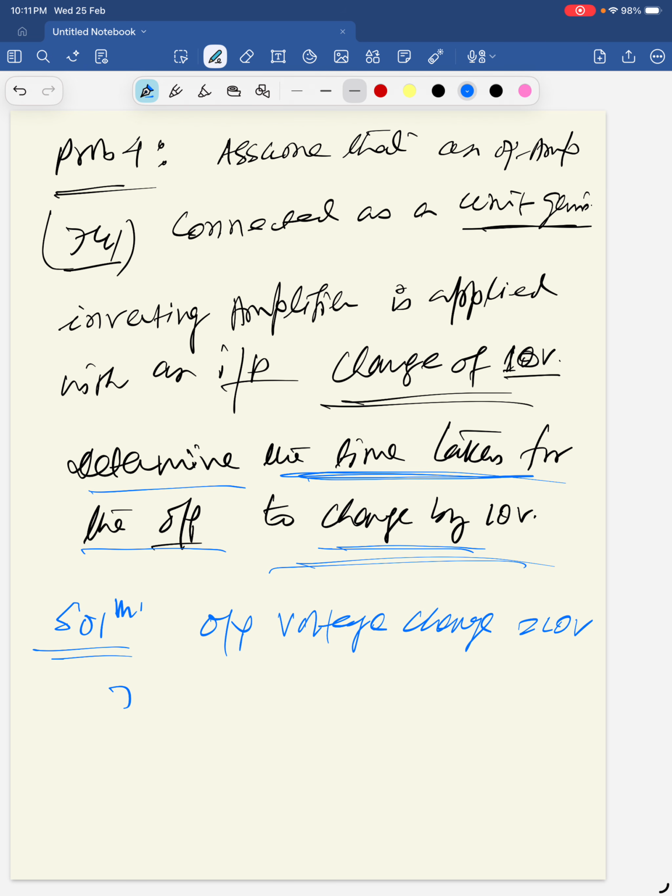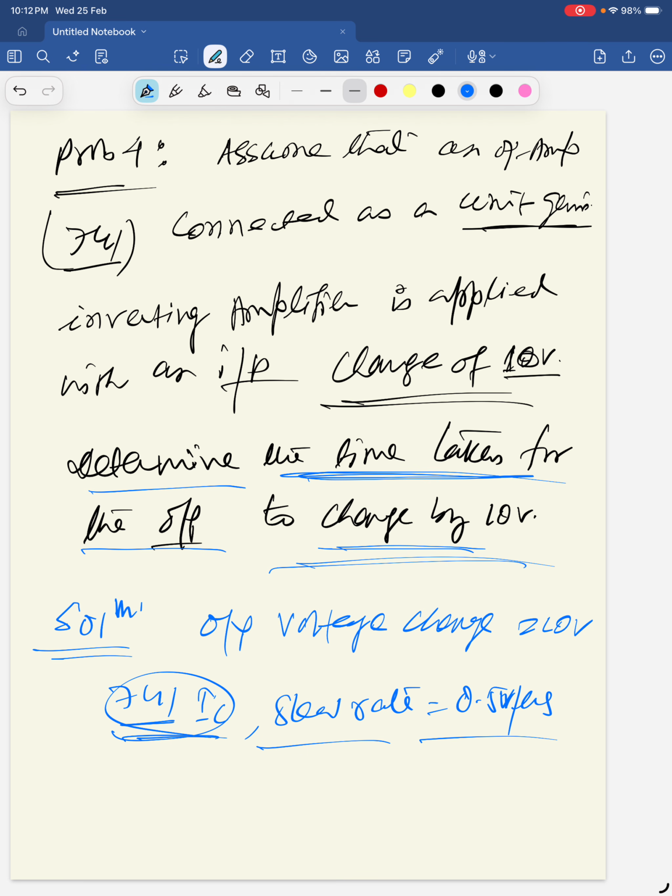You remember, if 741 IC is given, then we can say that slew rate is 0.5 volt per microsecond. It is standard.